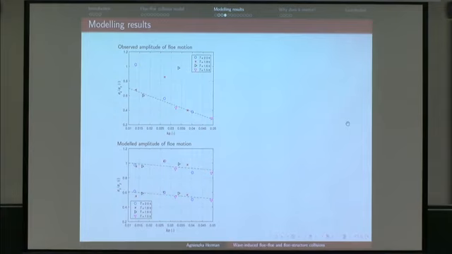When I started to run a model for this case, trying to replicate what was going on, actually there were not very many parameters to play with, because the floe sizes and the wave characteristics were given, and I thought that the ice concentration was given as well.